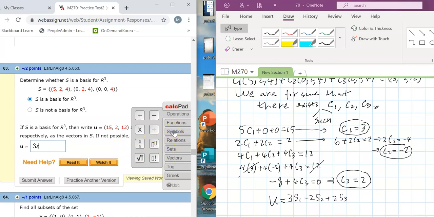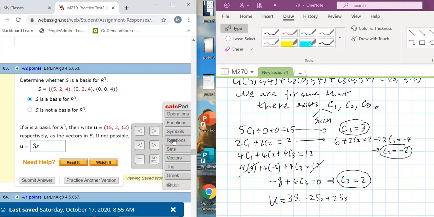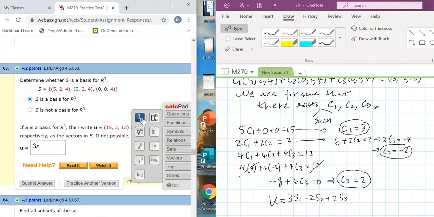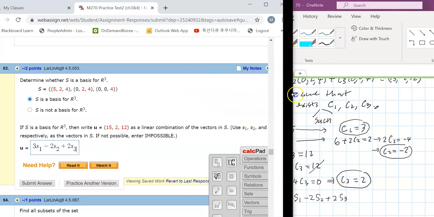I think that's what they want us to do. Is that right?